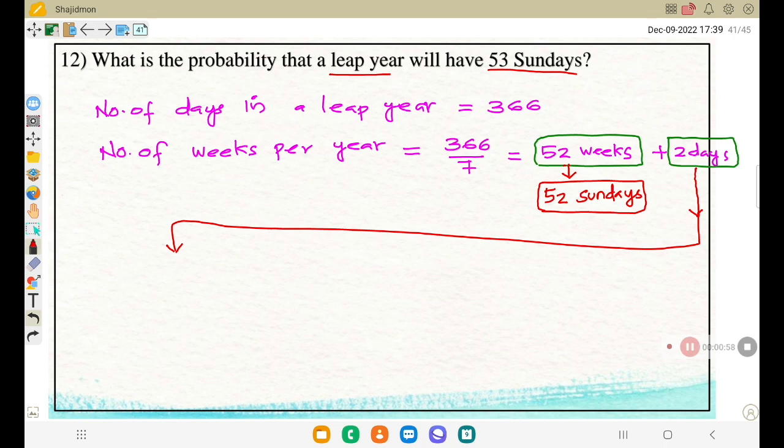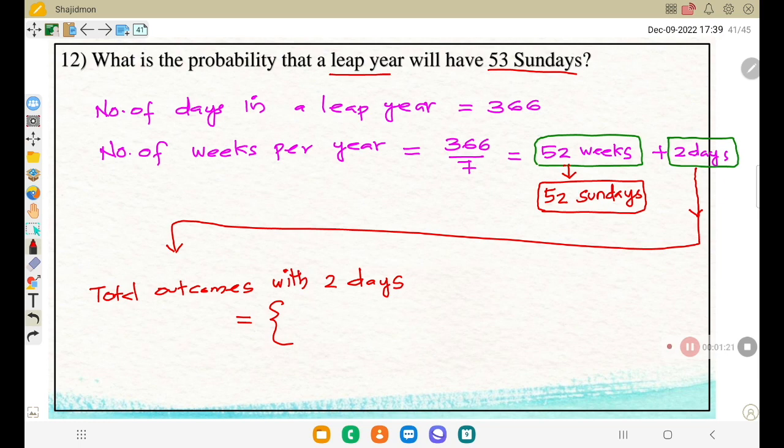Now these 2 days, what are the possibilities? So we will see that. The total outcomes with the remaining 2 days equal what?